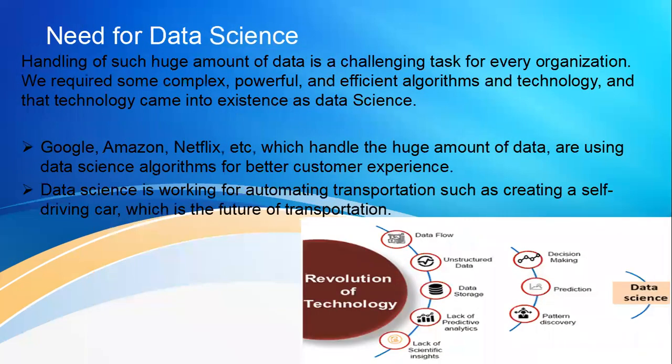Next we will see what's the need of data science. So why data science is so famous and popular in today's market. As you know, we have had data for ages, for centuries. But the problem is, maybe just 30 years before, the data explosion was not there, right?